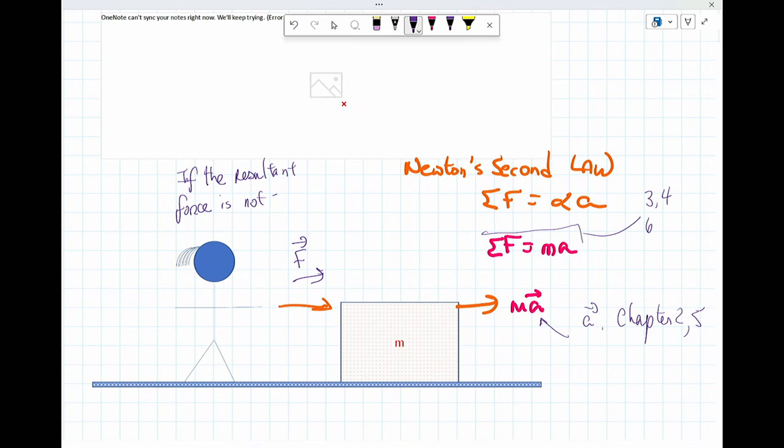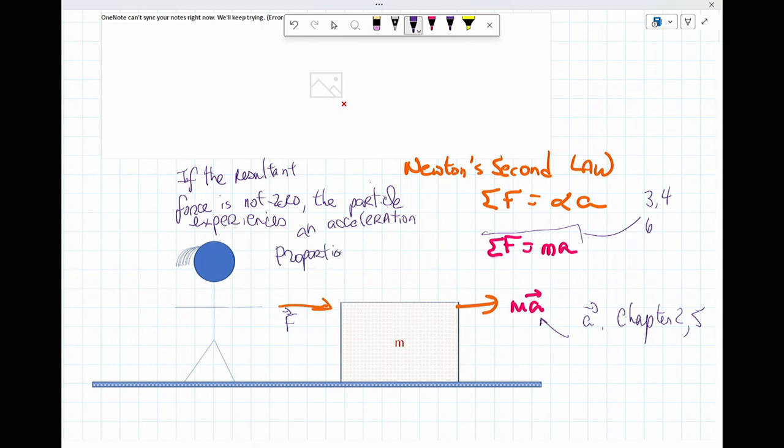If the resultant force is not 0, the particle experiences an acceleration proportional to the resultant force.